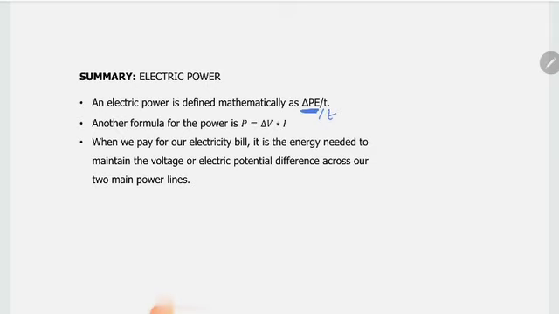Okay, so work done, or change in potential energy, over time. Another formula, as we have previously shown you, is voltage or electric potential times the current. And when we pay for our electricity bill, it is the energy needed to maintain the voltage, or electric potential difference, across our two main power lines.